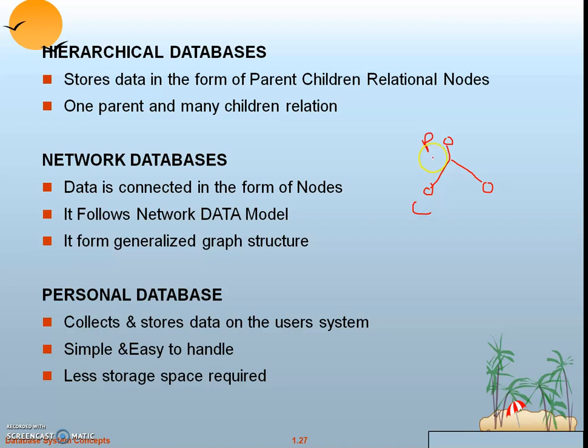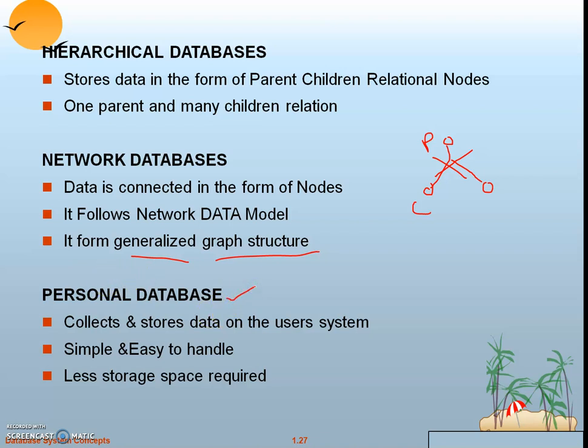Any number of nodes can be linked up with any set of nodes, forming a graph-like structure. Data is connected in the form of nodes. It follows the network data model and forms a generalized graph structure.